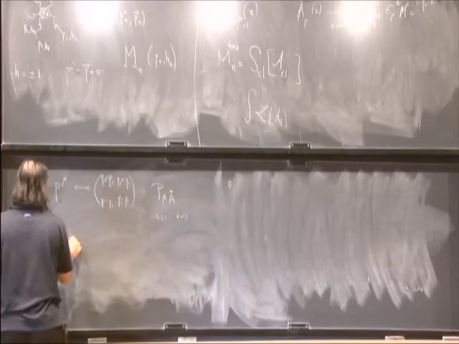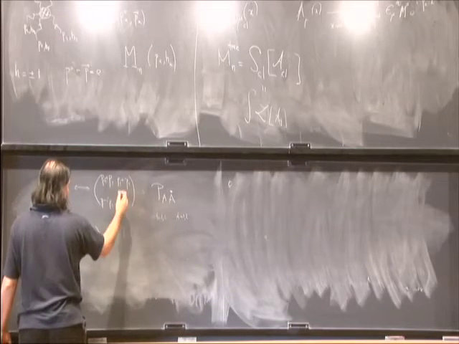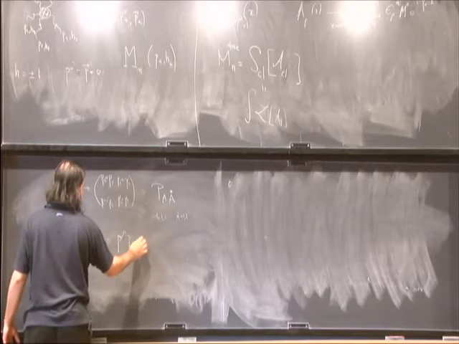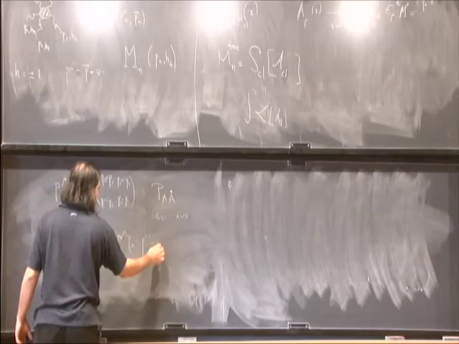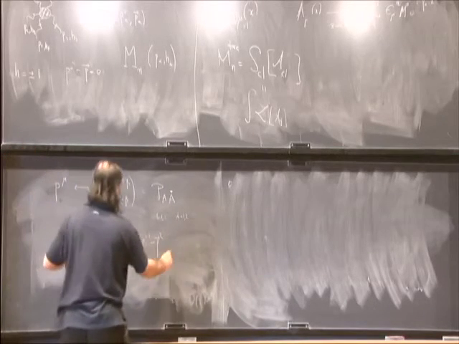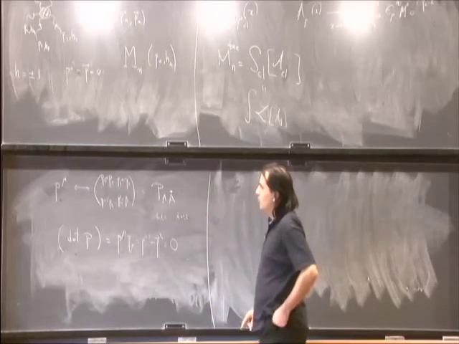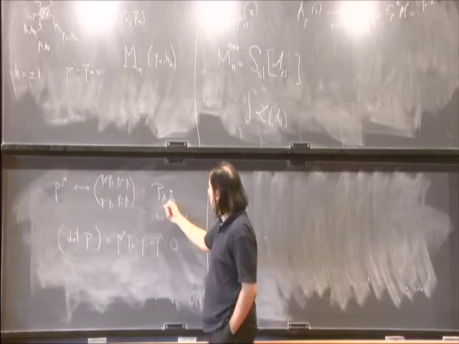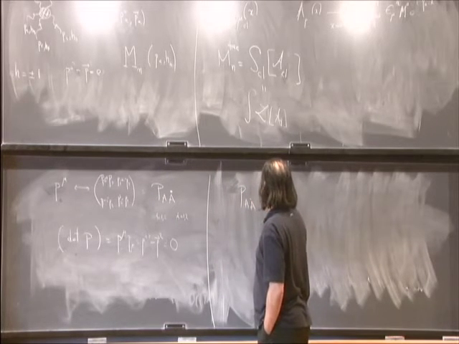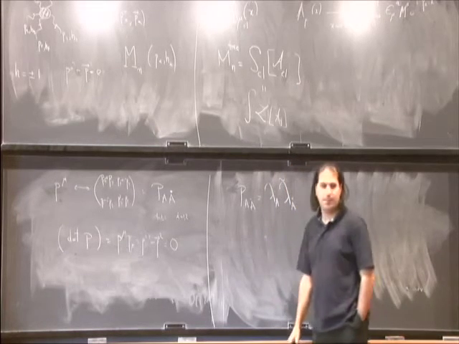The determinant of P is equal to P dotted into itself, which is just p0 squared minus p vector squared. So if this is a massless particle, this determinant is equal to 0, and we can conclude that this 2 by 2 matrix has rank 1. So we can write P_{A A dot} equal to some lambda_A lambda tilde_{A dot}.